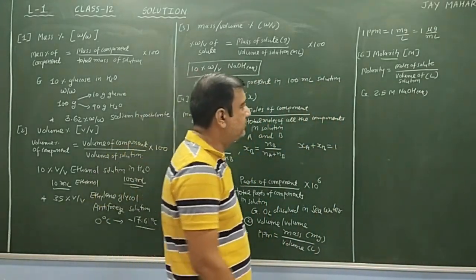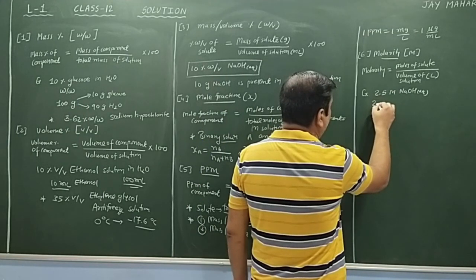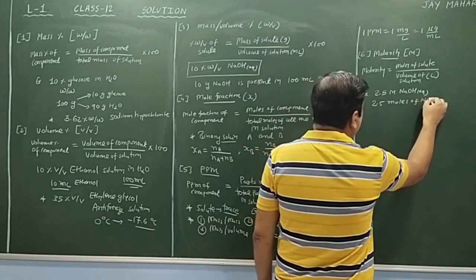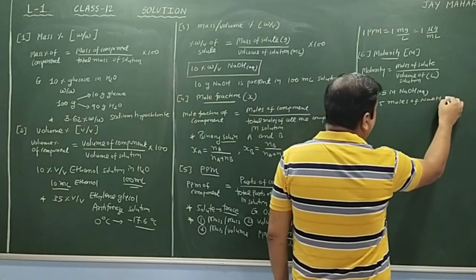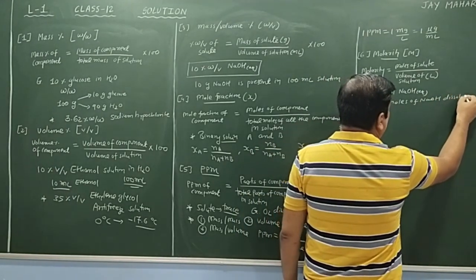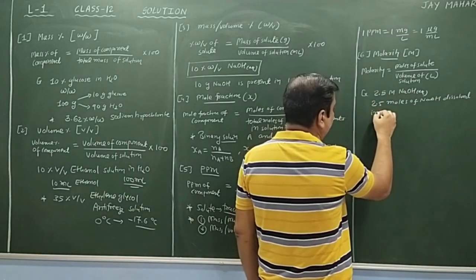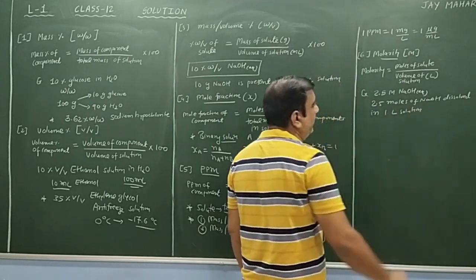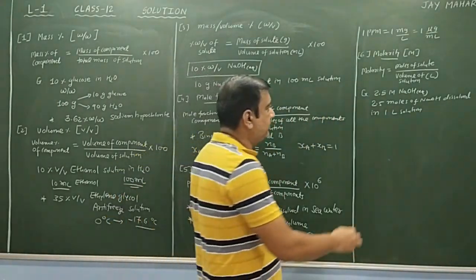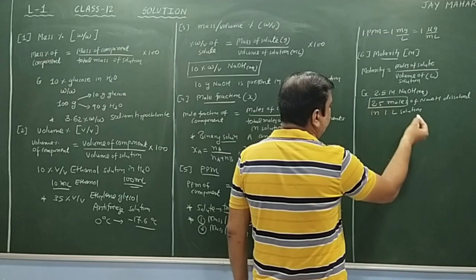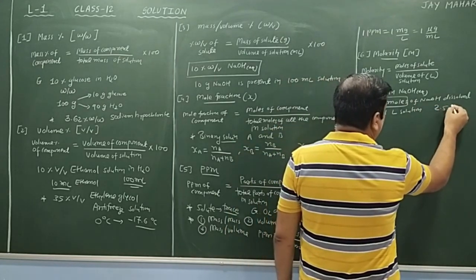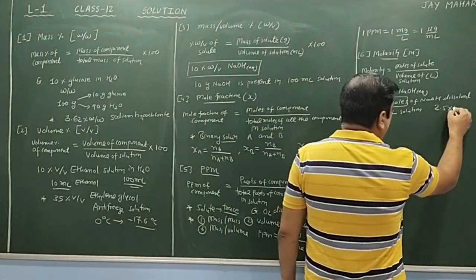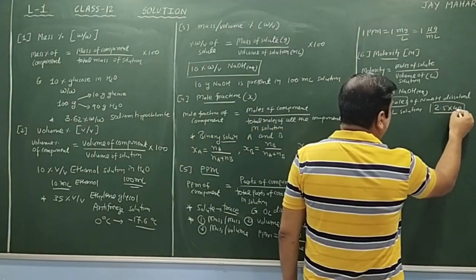That means 2.5 moles of NaOH are dissolved in 1 liter solution. 2.5 moles means 2.5 into the molar mass of NaOH, which is 40.